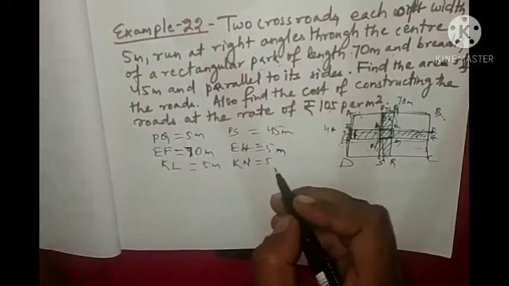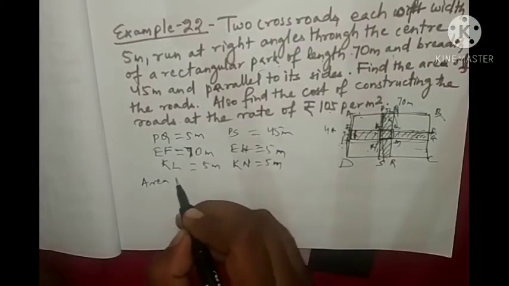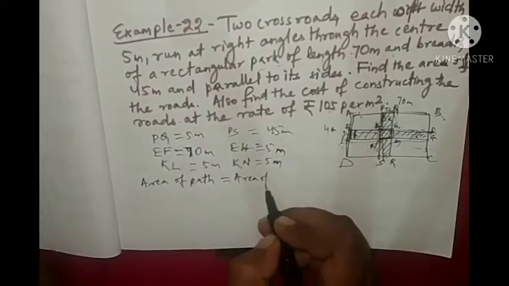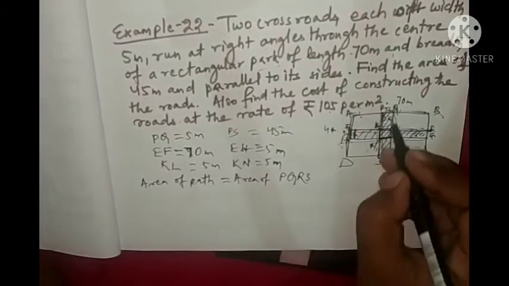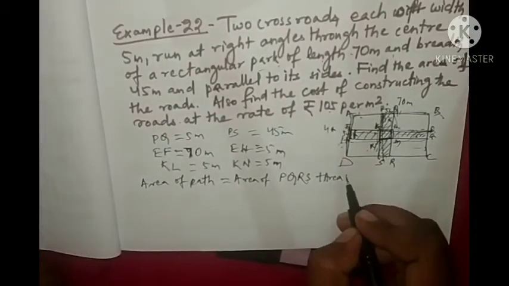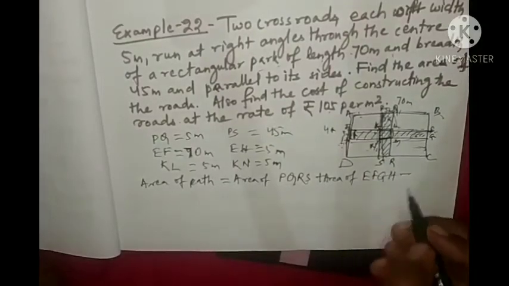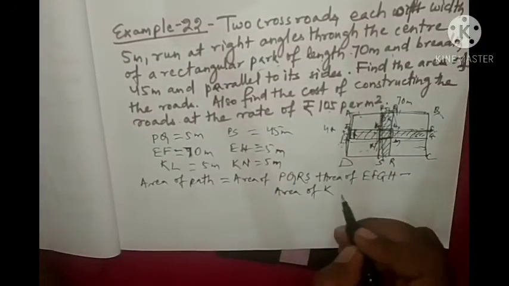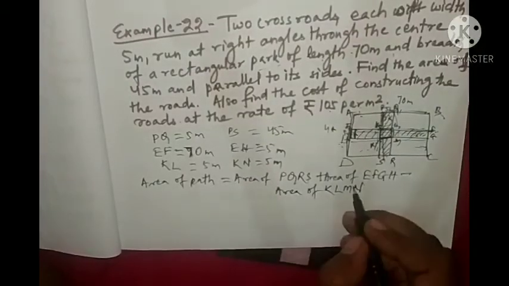Now we will find the area. Area of path equals area of rectangle PQRS plus area of EFGH minus area of KLMN, because KLMN is repeated twice. That's why we are removing one area.